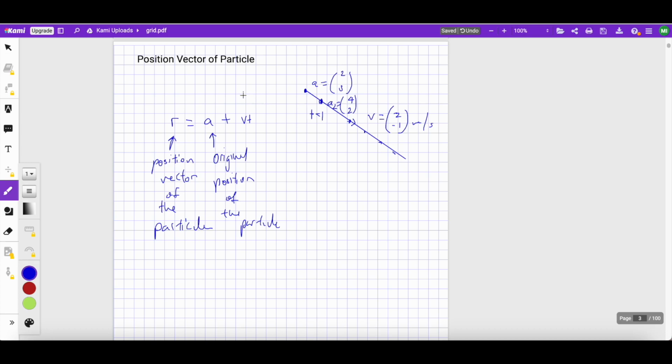v would obviously be the velocity vector, and we need to break it up into the horizontal and vertical components, and t would be the time.